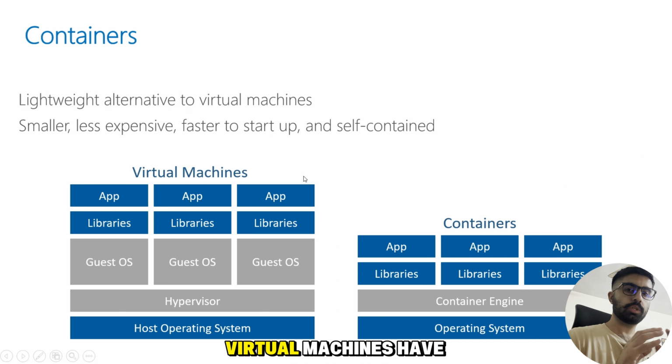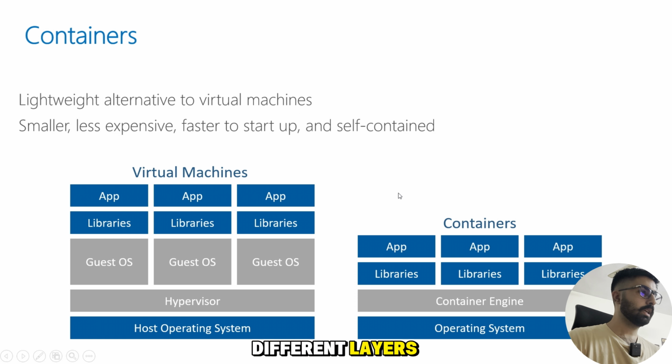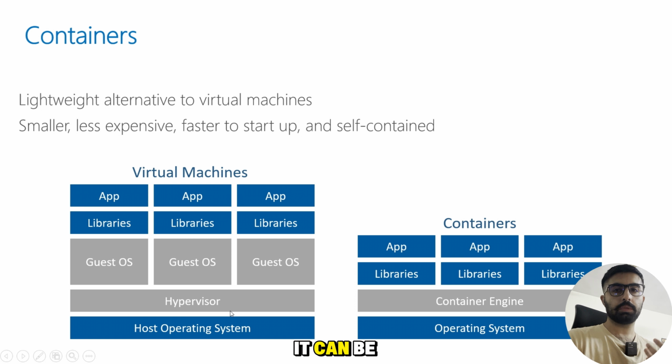A virtual machine has different layers. It starts with the host operating system. Then we have a hypervisor and a guest operating system, which can be Ubuntu, Windows, or Macintosh. Then we have libraries, some dependencies, and on top of that we have the application.